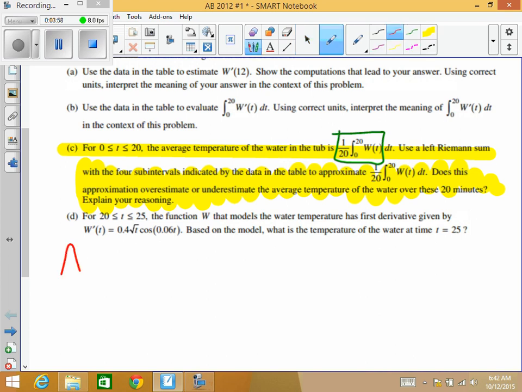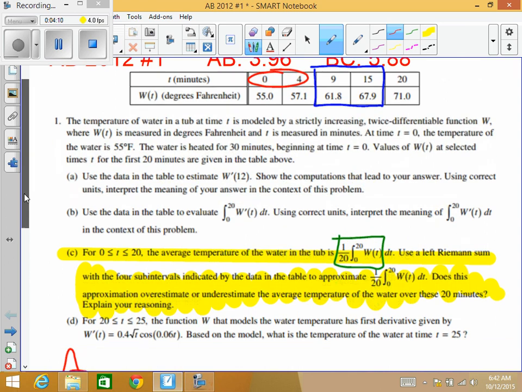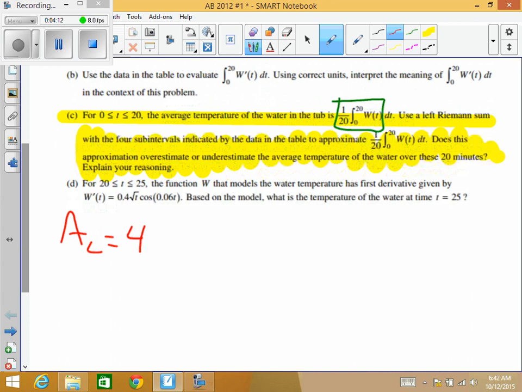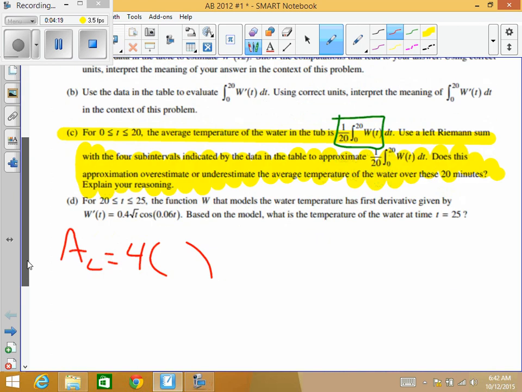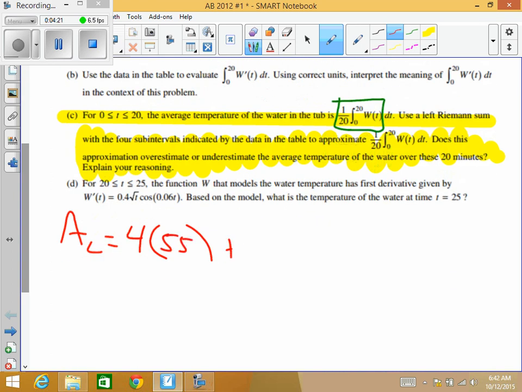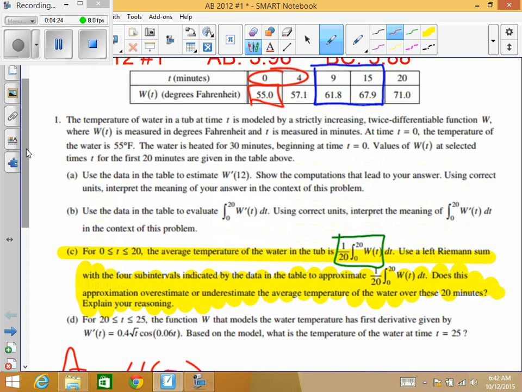We need to find area using left-hand rectangles. Looking up at our table, looks like the width of our first rectangle is going to be 4 multiplied by the left-hand value, 55, at which point you keep going until you get all 4 rectangles.